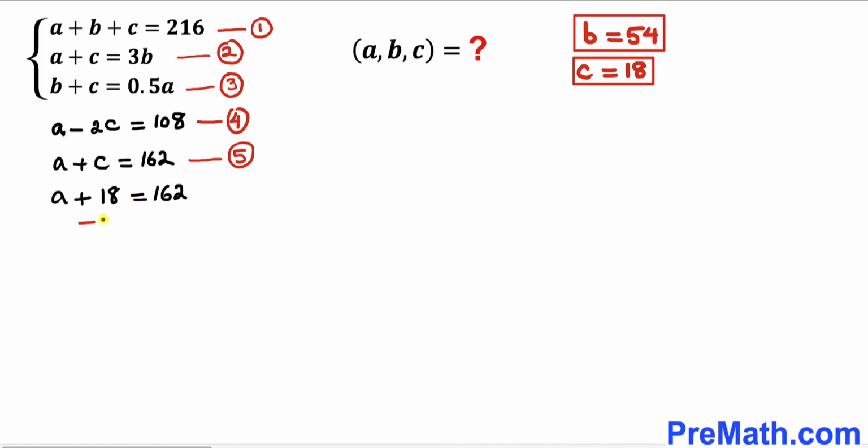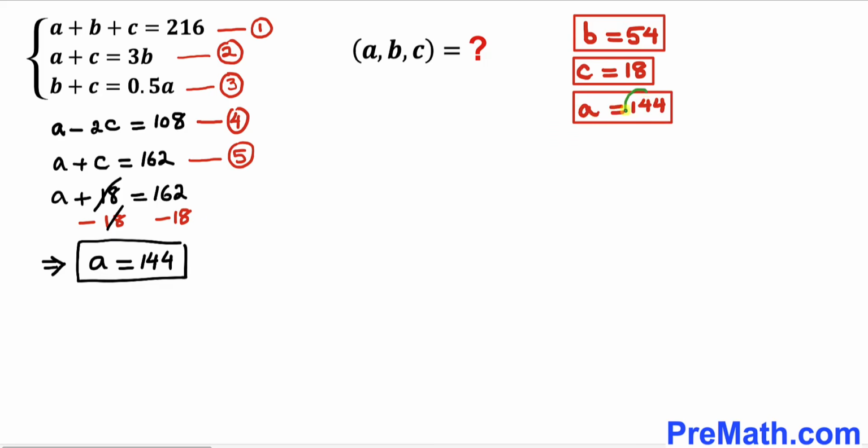I am going to subtract 18 from both sides to isolate a. Here we can see 18 and negative 18 are gone. Therefore, our lowercase a value turns out to be 144.